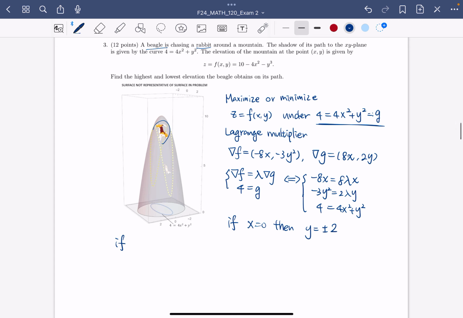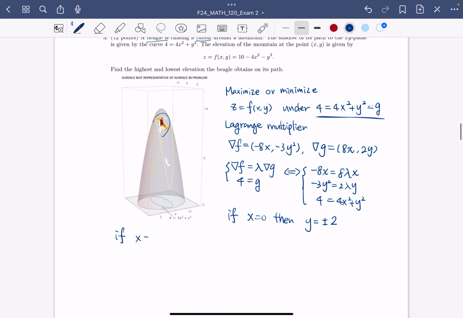However, if x doesn't equal 0, then from the first equation, we know lambda equals -1.